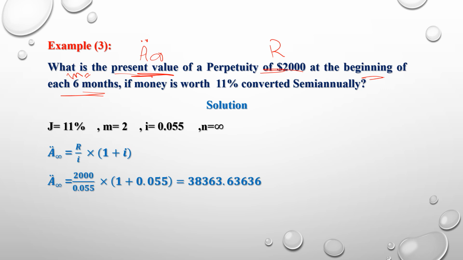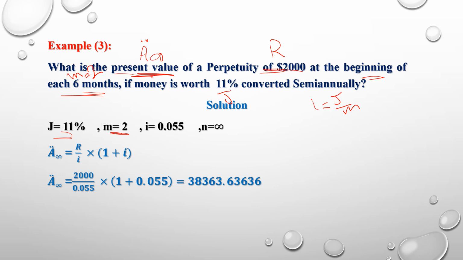If money is worth 11%, this is J, and converted semi-annually, so I equals J over M. So J equals 11%, M equals 2, I is 0.0555, and N equals infinity.